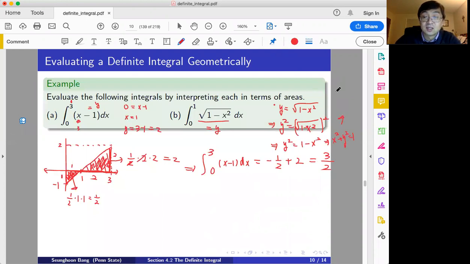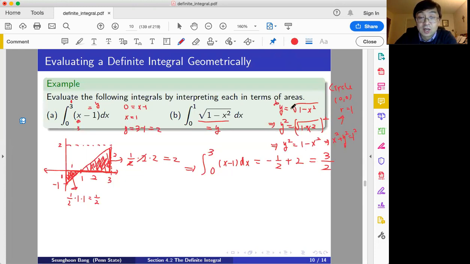What's that? This is a circle. What is it like? The center is 0, 0, the origin. The radius is 1. But this is not the whole circle, only a half circle. Why?